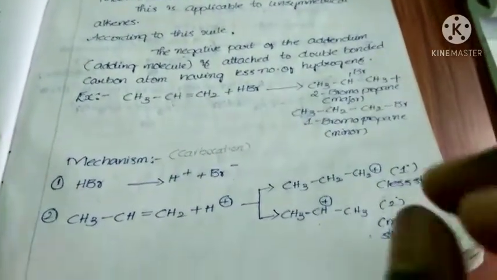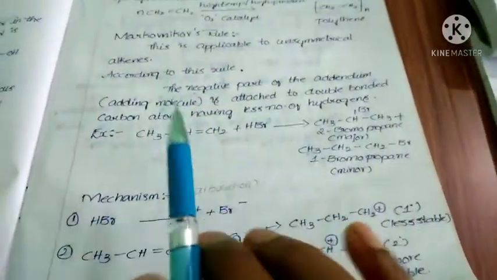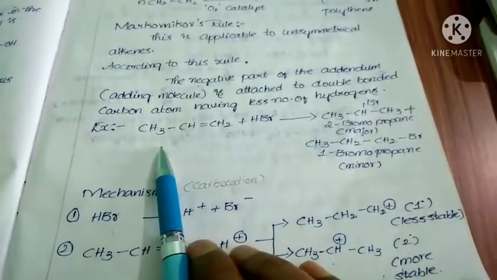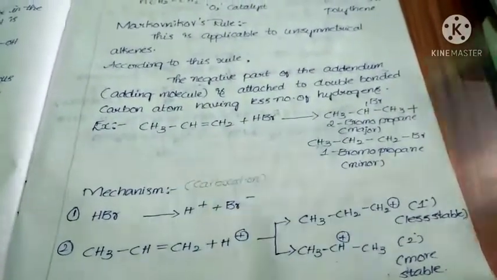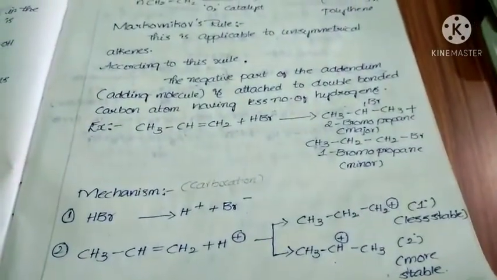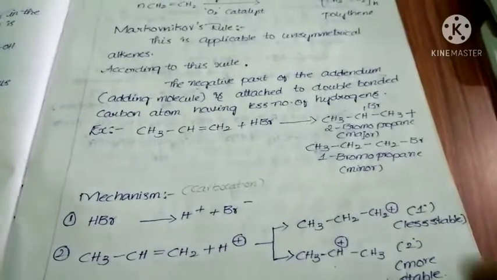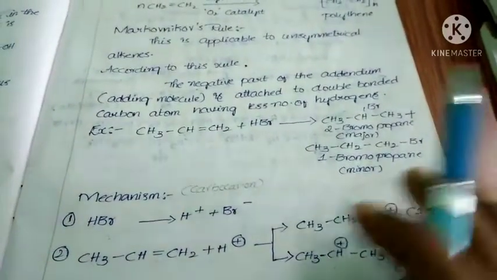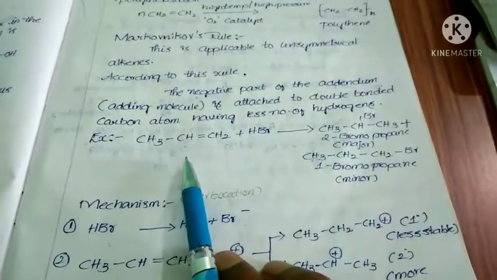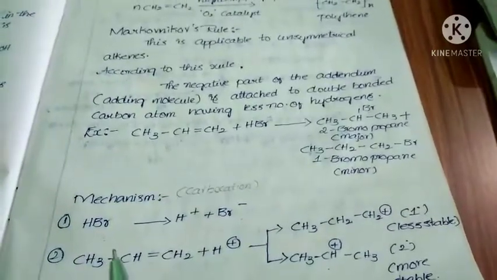So what you have to understand, students, is this very important rule. Whenever you take unsymmetrical alkenes, when an unsymmetrical alkene reacts with any molecule, the negative part of that molecule comes and attacks the double bonded carbon atom having less number of hydrogens.